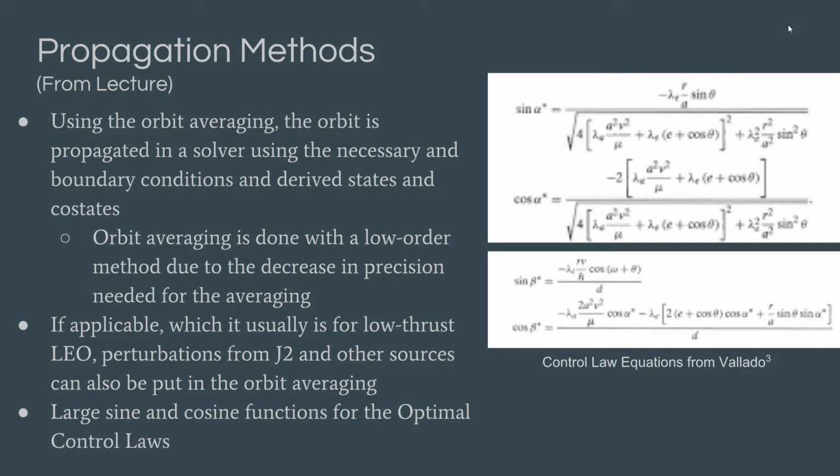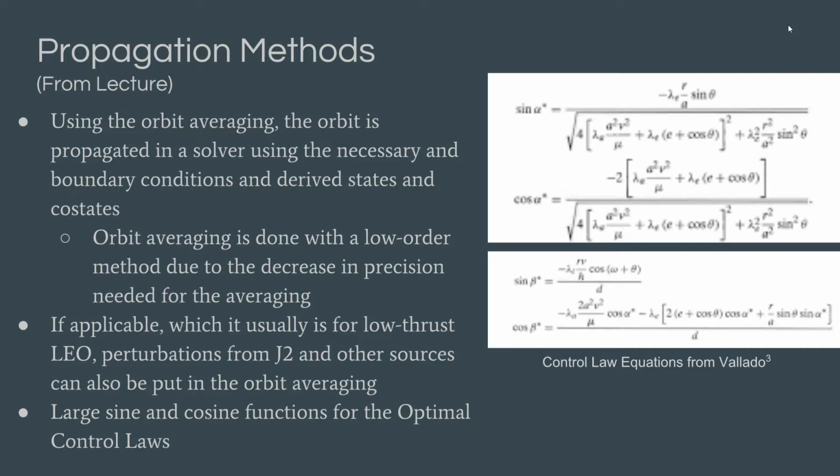So from the lecture, the propagation method that we use is orbit averaging, where the orbit is propagated by a low order solver to get the average value over a specific amount of time, and then we can also throw in J2 perturbations.